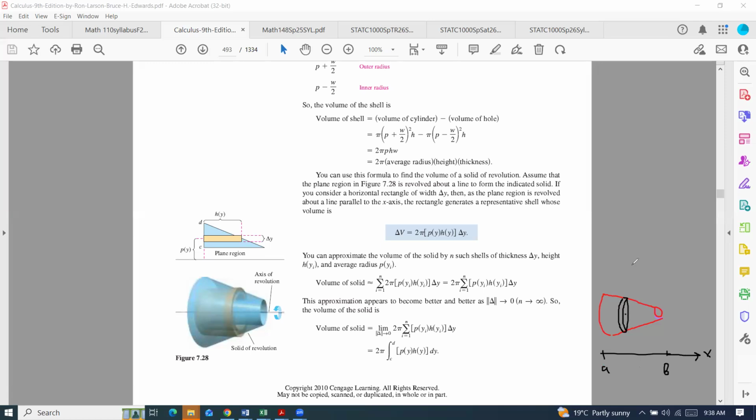That's what we did before. So the integral from A to B, and then pi times the square of this radius dx. That's not what they want. They don't want to do dx. What they want to do is they want to do dy.